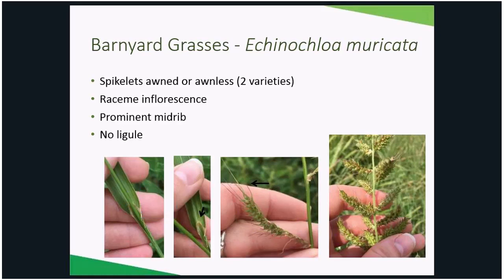So if you pulled that leaf blade back, what you would see is just a smooth part of the plant. You wouldn't see any membranes or hairs present there. It also has a prominent midrib on the leaves that you can see here. That also would be a good characteristic to look for. The combination of that without a ligule could help clue you in that you're looking at a barnyard grass.